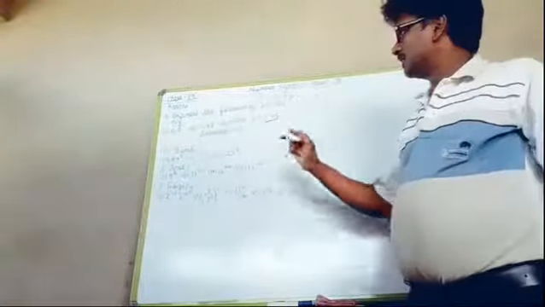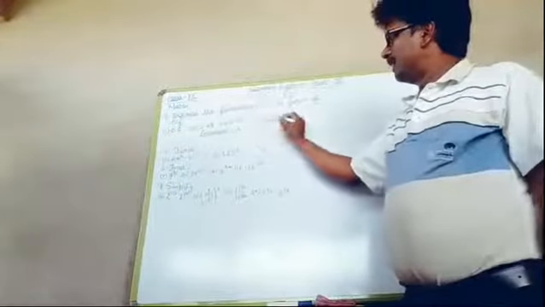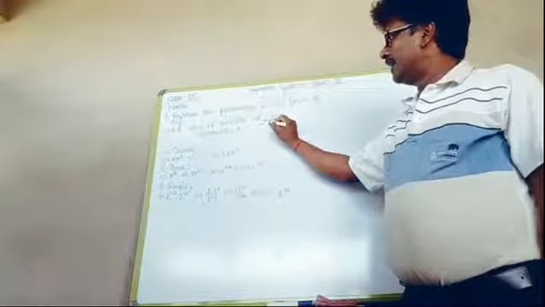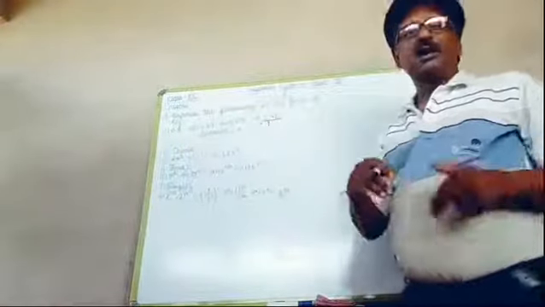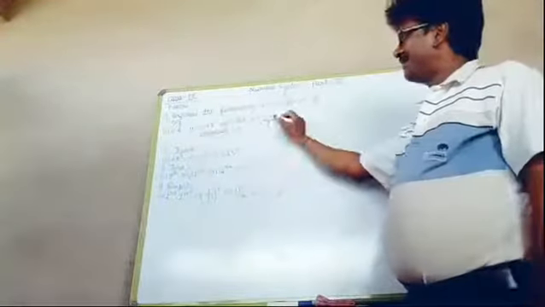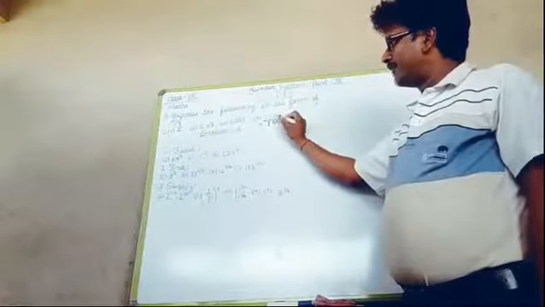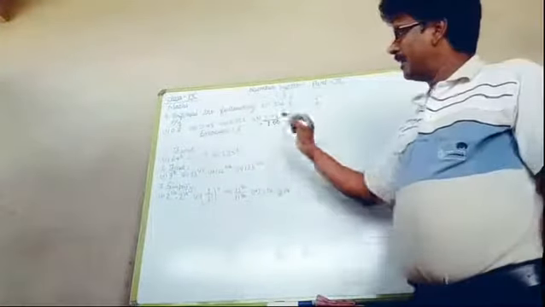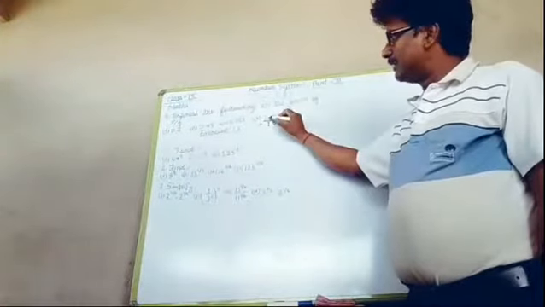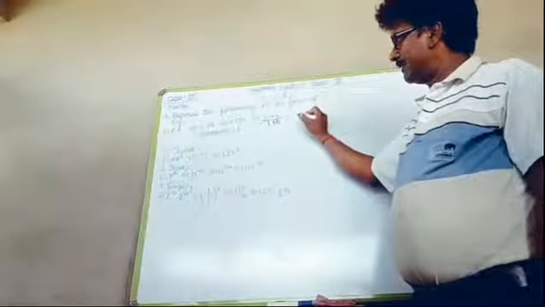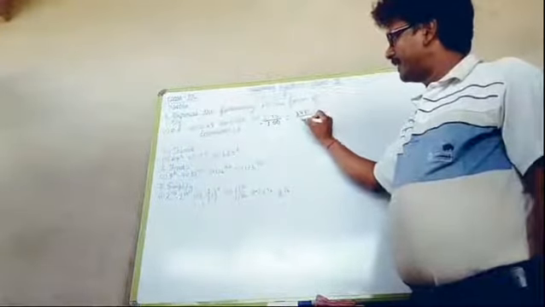In place of the decimal write 1, and after the decimal, the number of 0s must be equal to the number of digits just after the decimal. After doing this, eliminate the decimal. Next, this one will be 345 by 100.